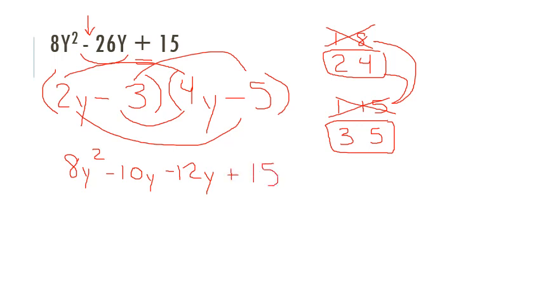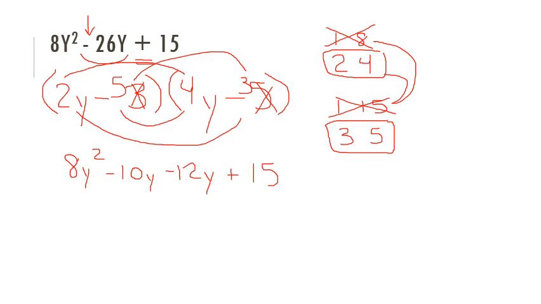So I'm going to switch a couple of things around, and I think I don't need to make too much of an adjustment. I think I'm going to change my 3 to a 5 and my 5 to a 3 and redo those middle terms.